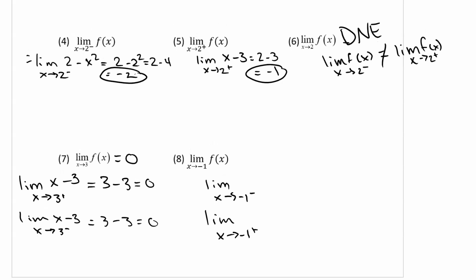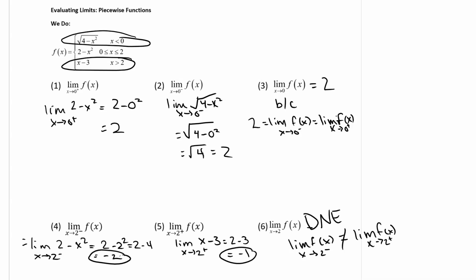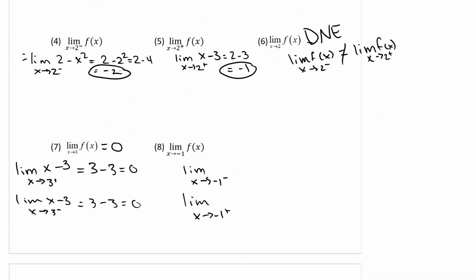All right, so once again, why did we use x minus 3 for both of those? Because we were looking at the limit as x approaches 3, and 3 is greater than 2, so that means it's only on this bottom piece. The next one we're looking at x of negative 1, and that's only on the top piece there, so we're only going to use that function.